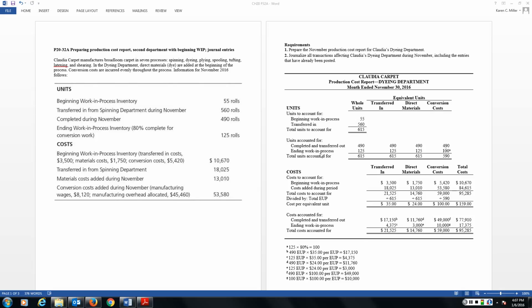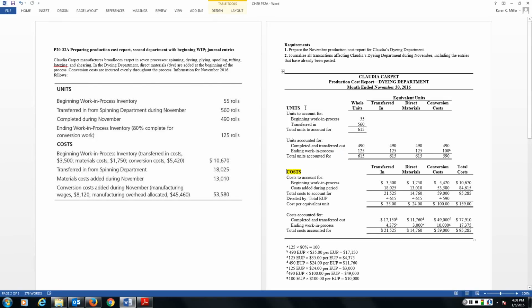Those in work in process do not. They need another 20%. So we should have already incurred 80% of the cost related to these particular items. That is why we need to know the total number of units, so that we can allocate the total costs that are related to these particular units.